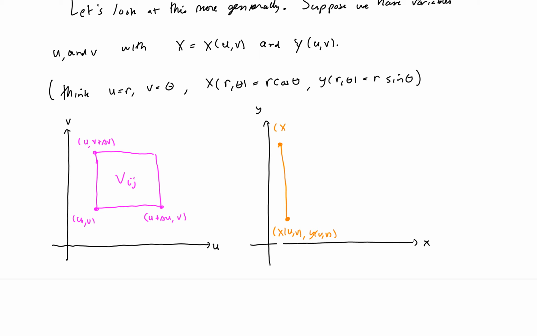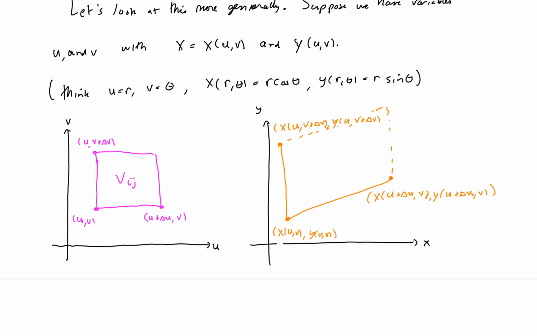And this point is x of u, v plus delta v, y of u, v plus delta v. And then maybe we go up like this. So my region is going to kind of cover up there, but this one here is x of u plus delta u, y of u plus delta u, comma v. So those are our points there.